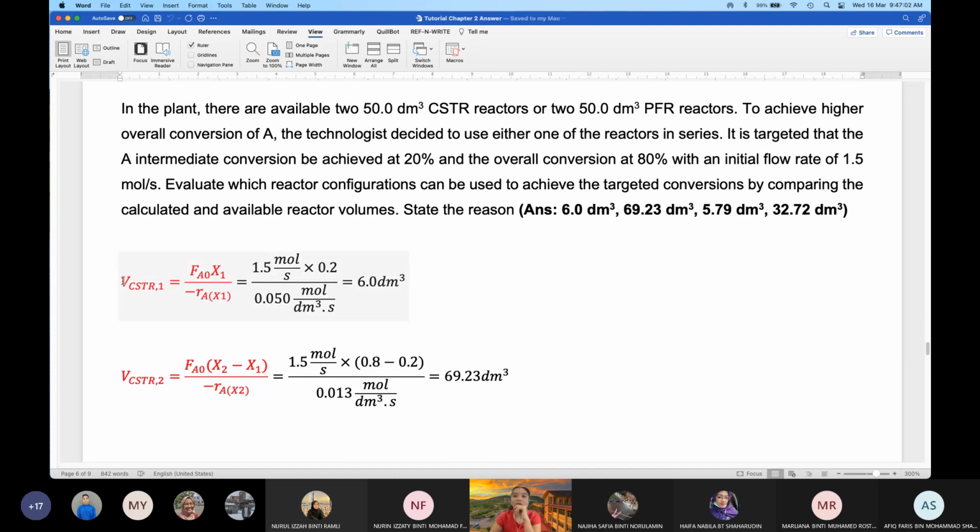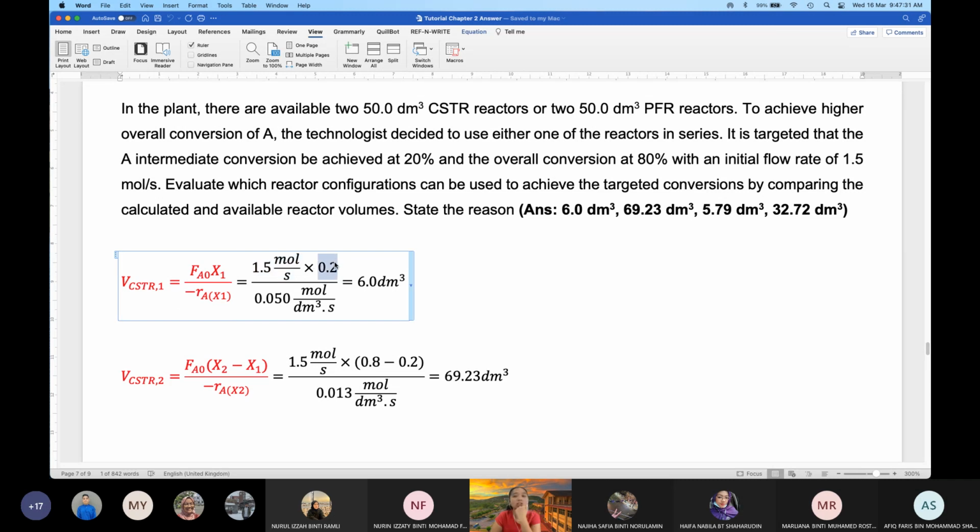The volume of the first CSTR, if you forget, don't worry, as I told you, it's an open book. You can always refer to the notes. Okay, so the formula is V_CSTR1 equals FA0 X1 over minus RA at your X1, or at your intermediate conversion. Your FA0 is 1.5 mol per second, which we have already identified from the question.